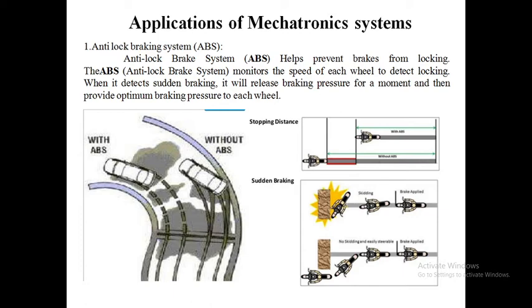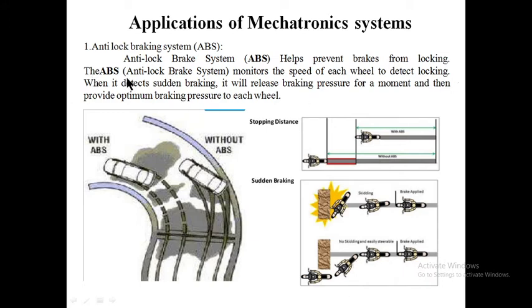Anti-lock means it does not lock the wheel, it reduces the speed of the wheel, so that the balance of the vehicle will not be disturbed, and you may cross the obstacle, and you will not collide with the obstacle, or skid here. So that's why we call this system an anti-skid system.